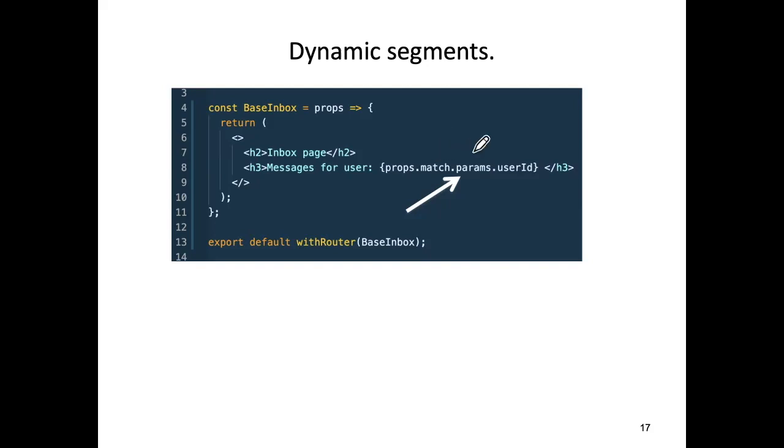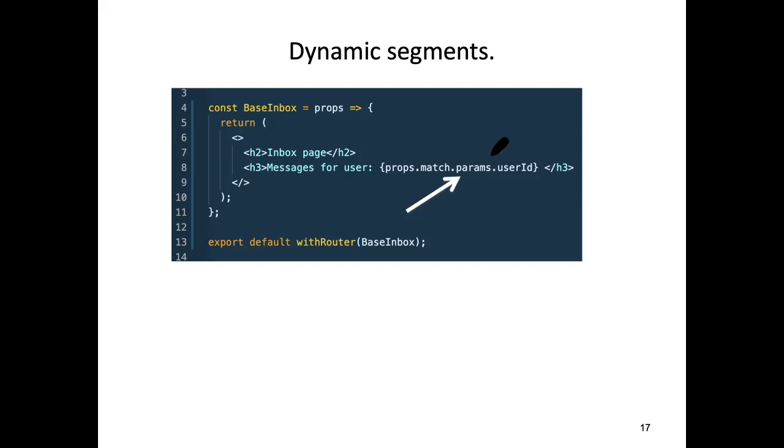It's an object. It has a key called params, which is also an inner object. And that then will have a key based on the parameter name that you decided from your routing configuration. So this entire expression here is going to access the inbox identifier or the user ID from what's currently being displayed in the browser's URL address.